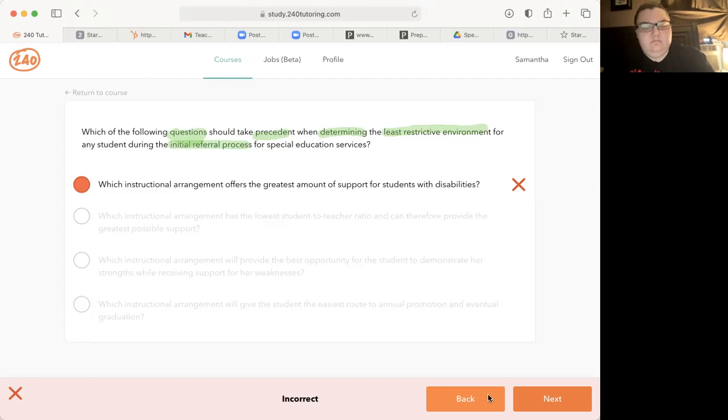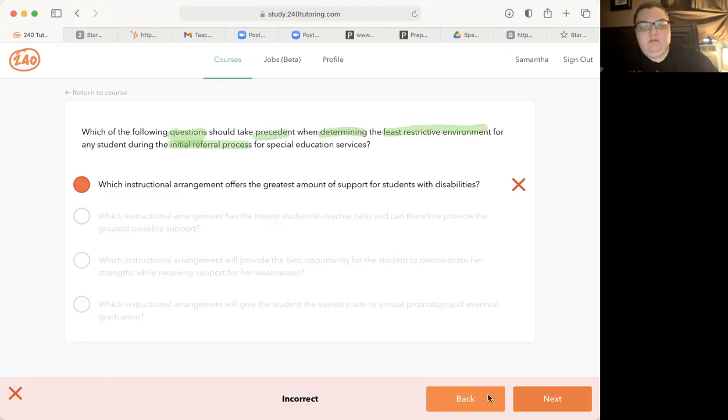That's true for all students that come through our education system, or it should be, but especially true for our special ed kids. So I feel like that should be the question that precedes the determination of least restrictive: what environment will provide the best opportunity for students to demonstrate strengths while receiving support for their weaknesses.